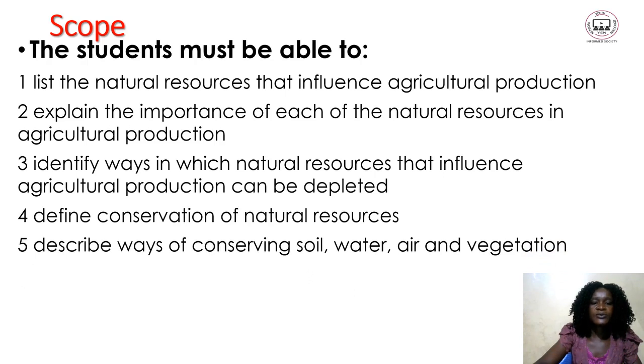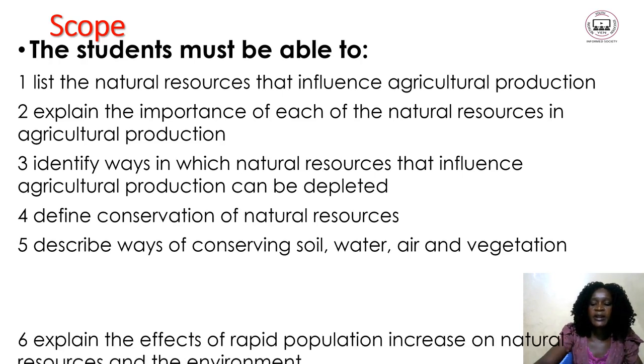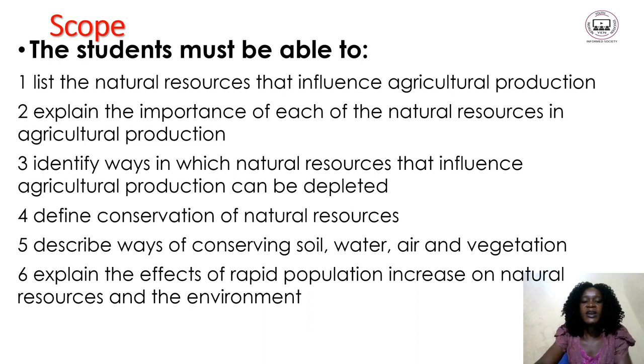Students must also be able to describe ways of conserving soil, water, air, and vegetation as some of the important natural resources which help in agricultural production. And lastly, it is important to discuss and explain the effects of rapid population increase on natural resources and the environment.